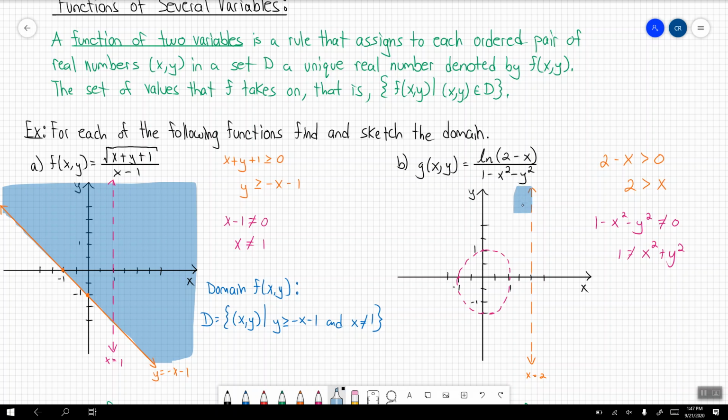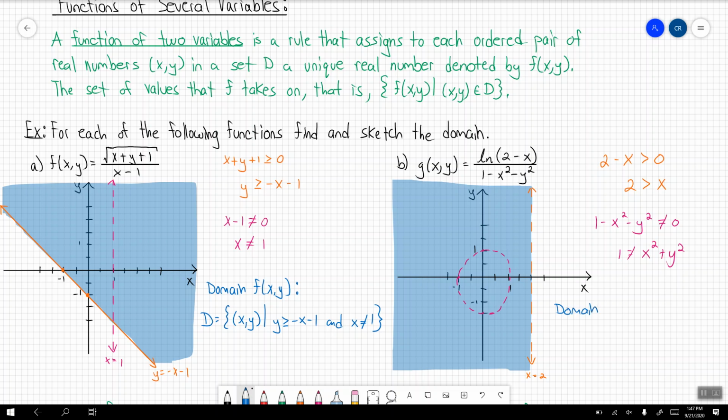That means that all of these values to the left will work, so long as they are not on the circle that we've identified. And that's why we're going to leave that dashed circle there. So again, you exclude these values from the circle, and then after that, you exclude the boundary points on that vertical line, and you have your domain. So let's make sure we outline this.